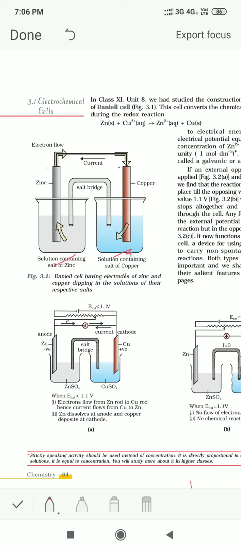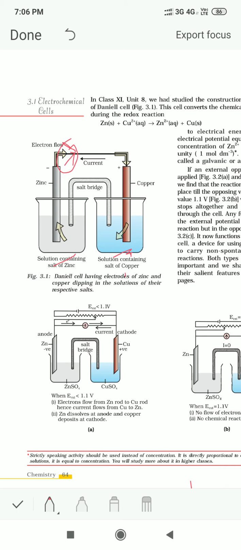Then you will also see, since electrons are moving from the zinc electrode towards the copper electrode, there is a flow of electrons from zinc to copper electrode. And if there is an ammeter connected in the circuit, you will see the deflection in the ammeter showing that the current is flowing from the copper electrode towards the zinc electrode.